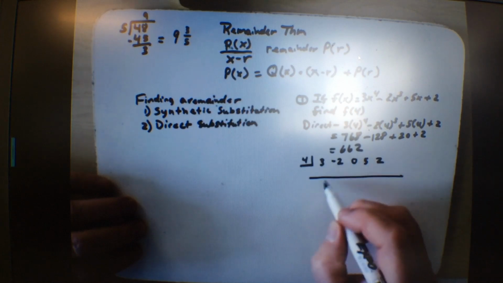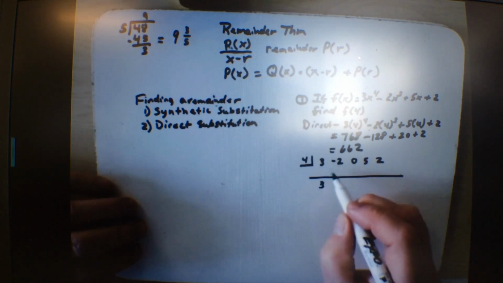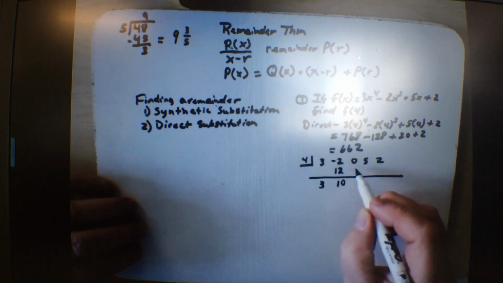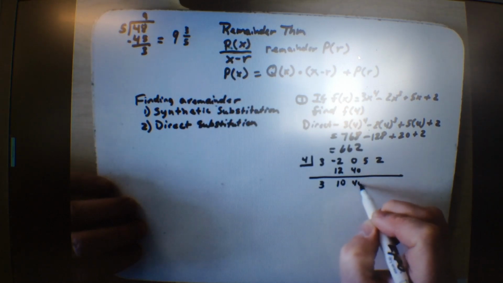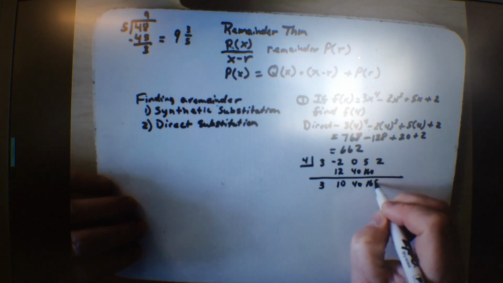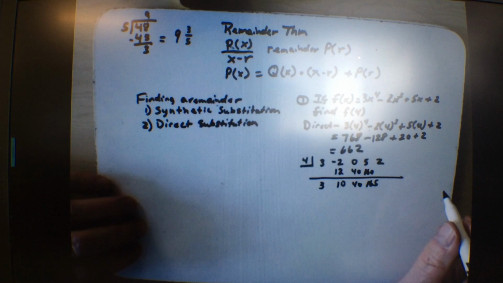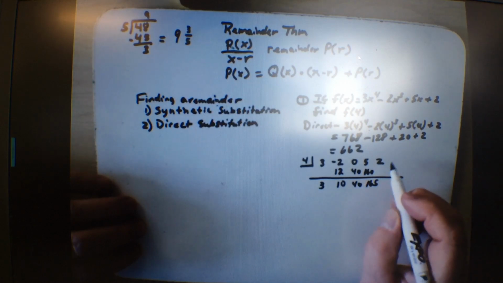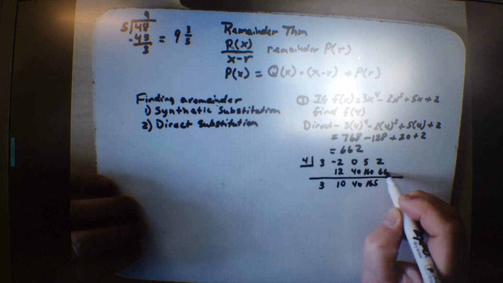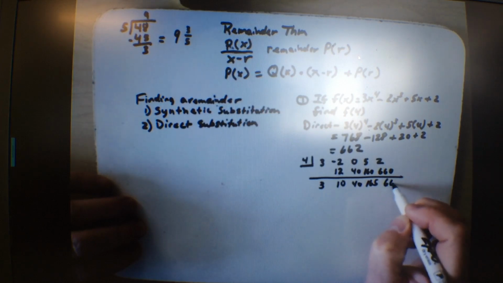And I bring down the 3, if you remember, right? 3 times 4 is 12. If I add them together, I get 10. 10 times 4 is 40. So I get 40 times 4 is 160. 165. What's 165 times 4? 660. Is it? And then plus 2 is 662.